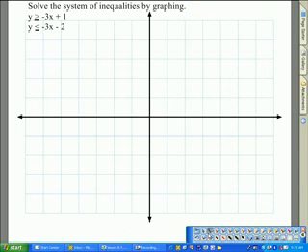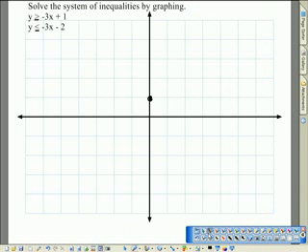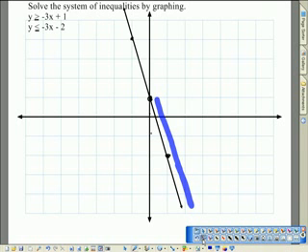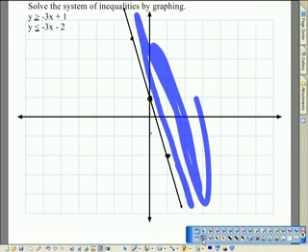See, +1 means to go right here. -3x is down 1, 2, 3, and over 1, or up 1, 2, 3, and 1 to the left. And it is a solid line. And it is greater than, which will be on this side. So I'll go ahead and shade this side.